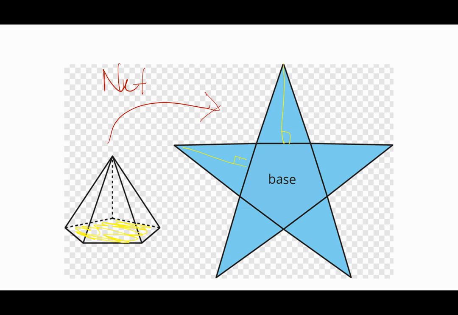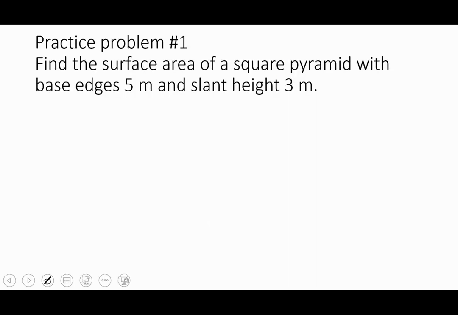These are all the slant height. So if this is a regular polygon, all the triangles are the same. So if this is a regular pentagon, these are all the same. So the slant height can be used to find the area of the faces.